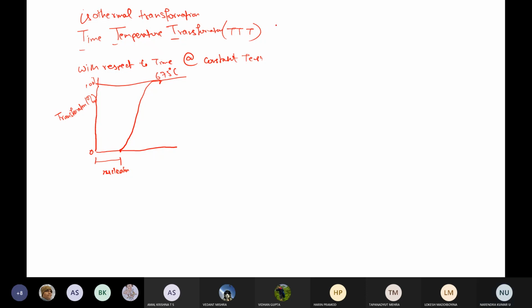So how an austenite phase for a steel, how it is getting converted from an austenite phase, that is gamma austenite, to alpha plus Fe3C at constant temperature.